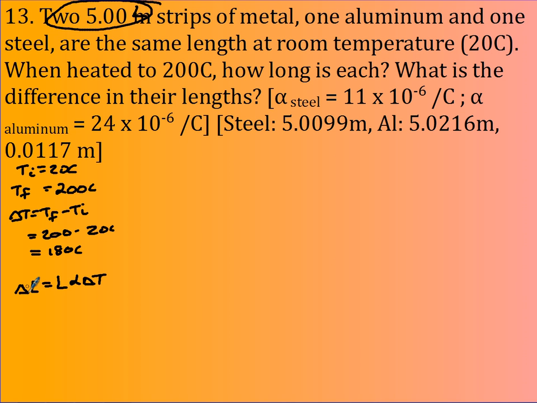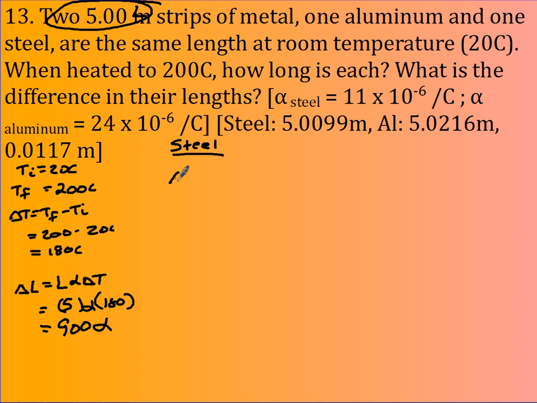Well, let's just go on and figure it out. Let's do steel first. I'm going to make my calculations a little bit easier. L in both of these cases is 5 meters, and delta T is 180. 5 times 180 is 900. So delta L is going to be 900 times alpha for both of these.